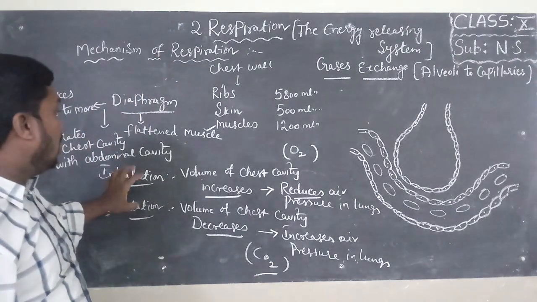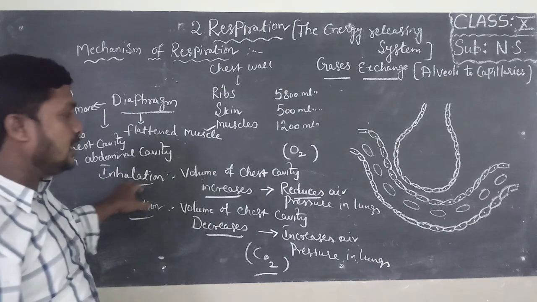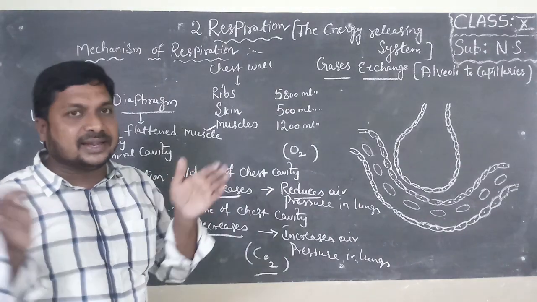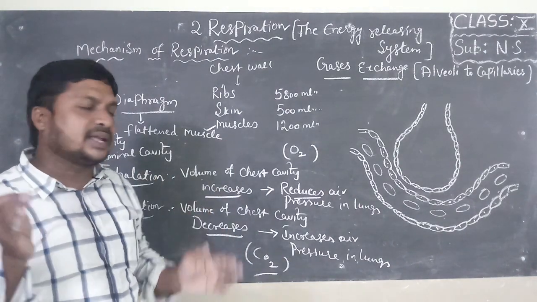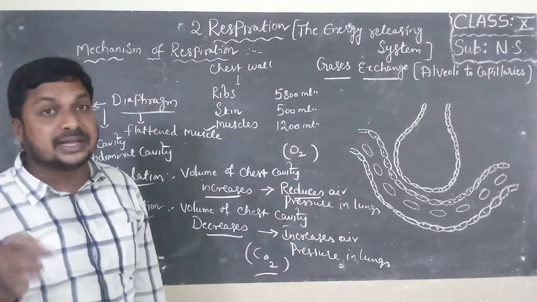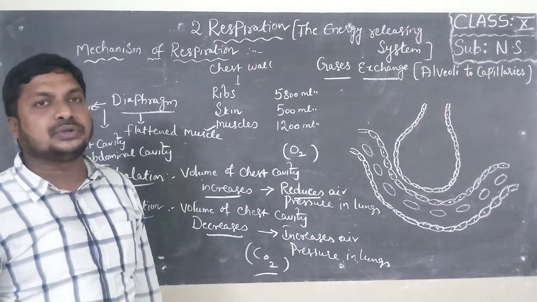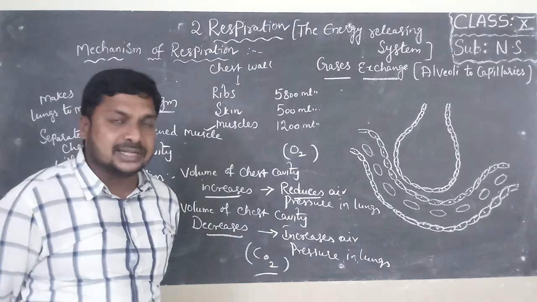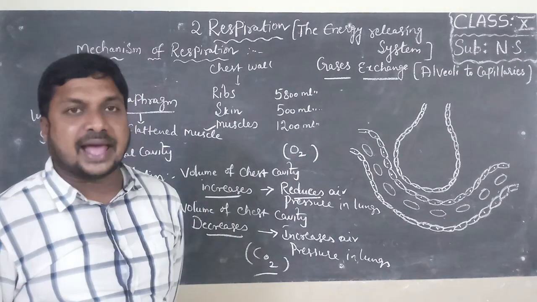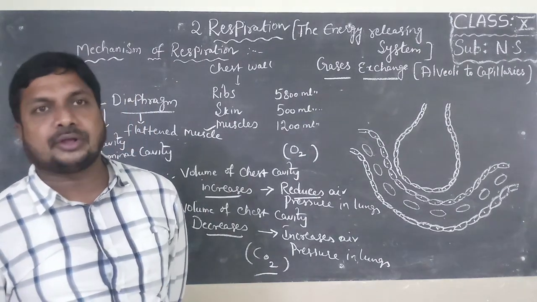Again I repeat, at the time of inhalation, the volume of the chest cavity increases. When the volume of the chest cavity increases, air pressure in the lungs decreases. So, air rushes into the lungs through nostrils, nasal cavity, pharynx, larynx, trachea, bronchi, bronchioles, alveoli.